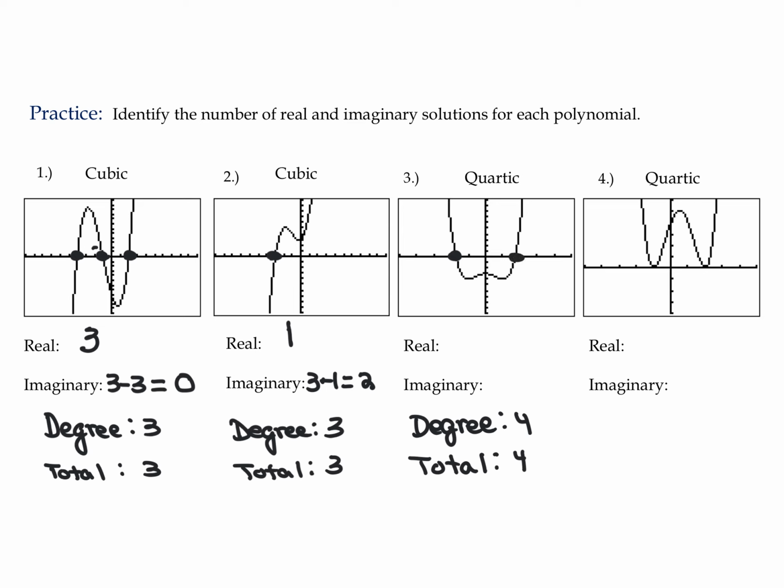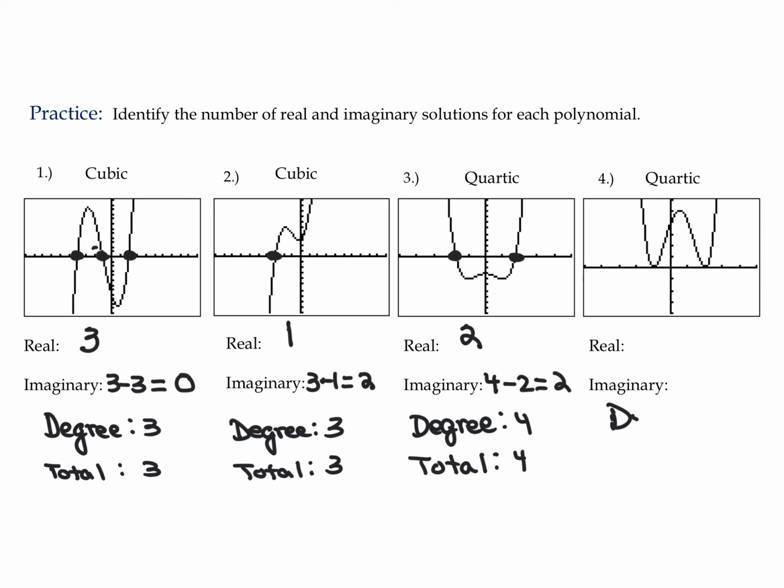The line passes through to the other side at each x-intercept, so the multiplicity is just 1. So I have 2 x-intercepts with a multiplicity of 1. To get the imaginary, I subtract from the total the number of real, and that tells me that I have 2 imaginary.